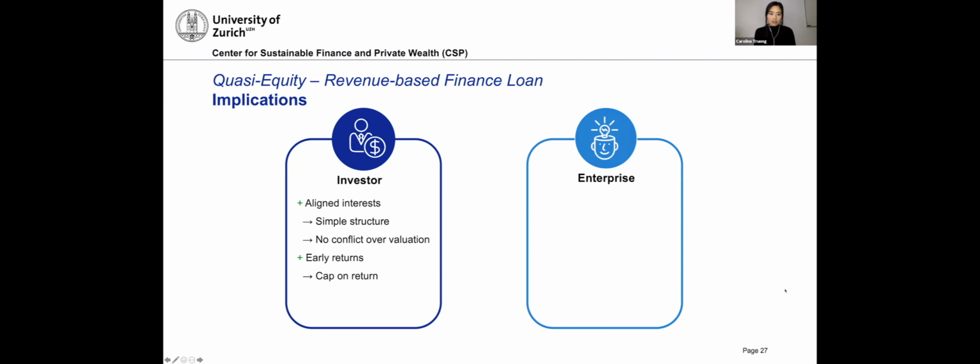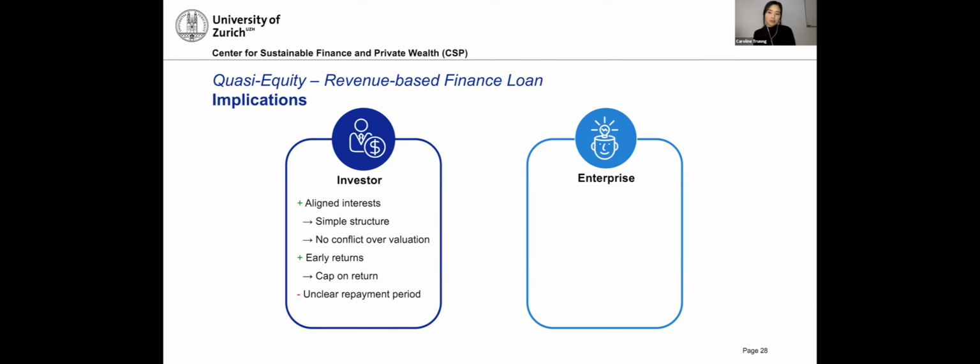Another advantage of a revenue-based finance loan is that the loan starts to repay far sooner because payments are periodic and not dependent on an exit, as in traditional equity deals. The investor faces, however, lower risk due to these early returns, and therefore usually faces a constraint on the amount of return he receives.